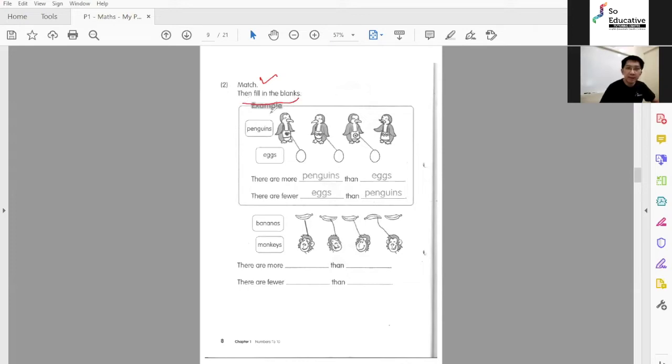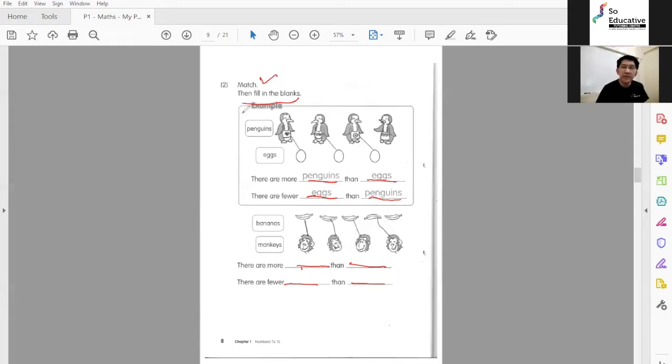So here are the blanks, here are the blanks, here are the blanks. In this question, that's the blank, and that's blank. That's the blank, that's the blank. They want us to put in the names of the items.